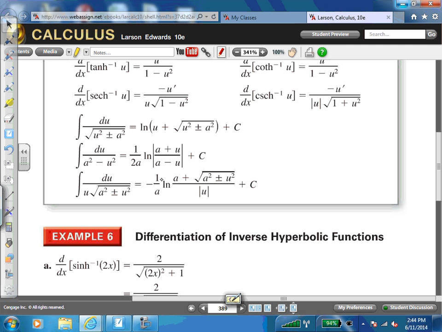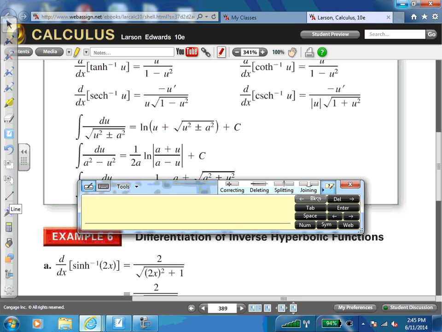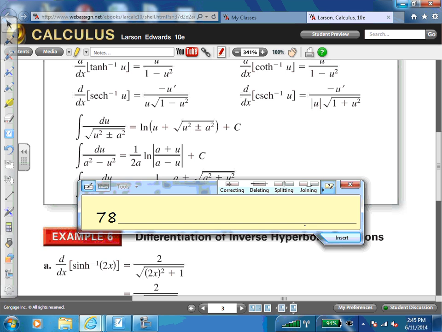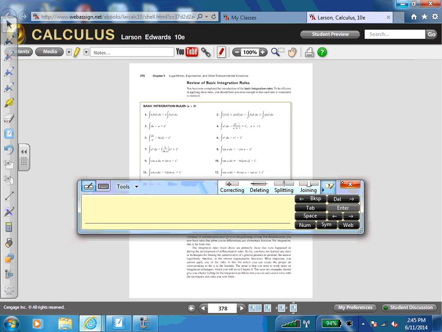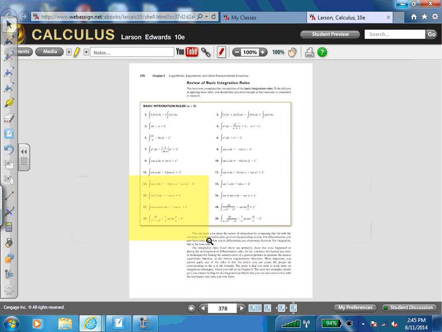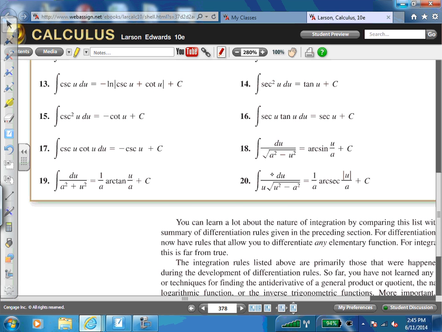Am I going to use one of these, or one of these? We're going to have to evaluate what's u squared, what's a squared, and which one comes first.